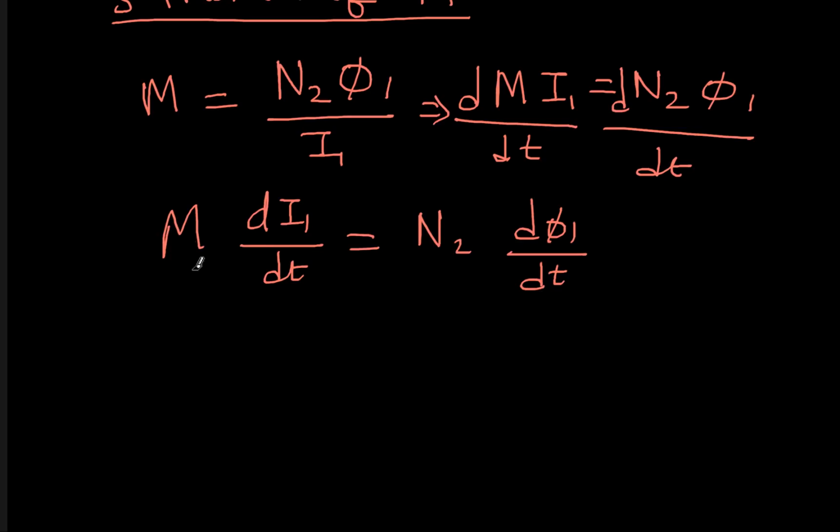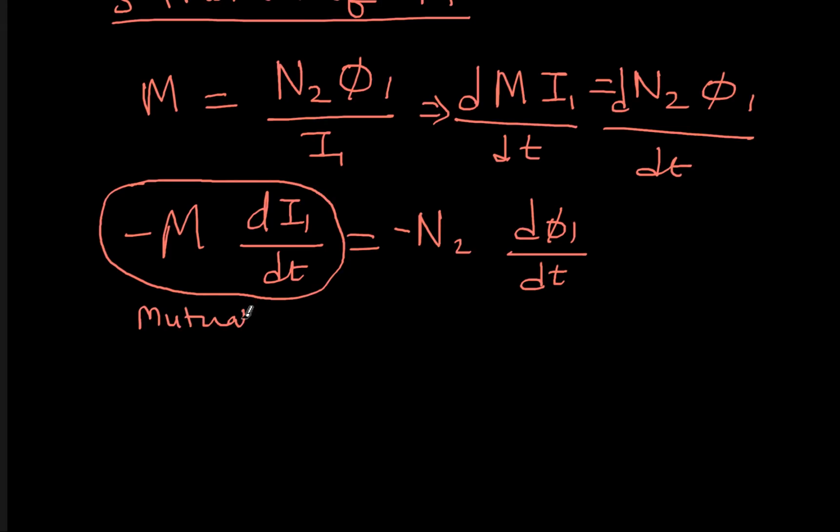Now I could put a minus sign on both sides, simply multiplying with minus on both sides. Now look at this one. What is this? This can be defined as mutually induced EMF. The unit of this will be volts.